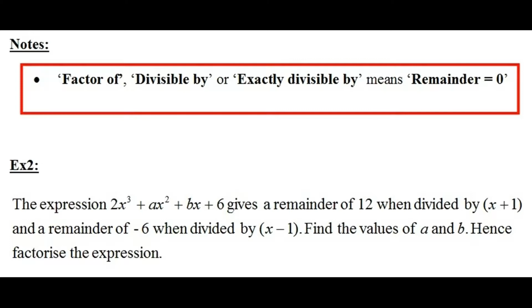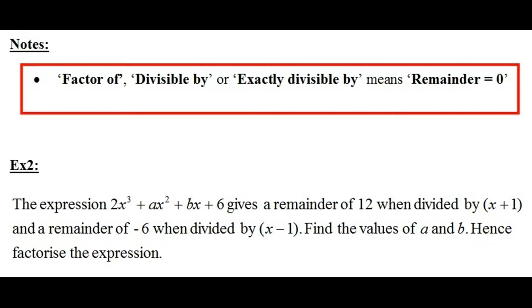So the remainder of 12 is when you divide the polynomial by x plus 1, so bear that in mind. The remainder of minus 6 is the remainder when divided by x minus 1. The first part of this problem is to find the values of a and b, and the next part, hence factorize the expression. Okay, so let me show you how this is done.